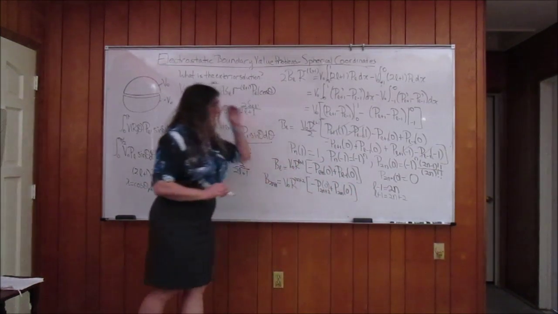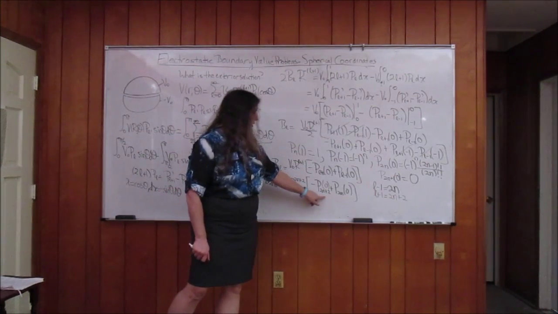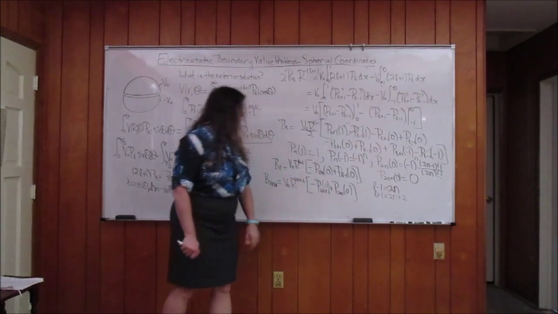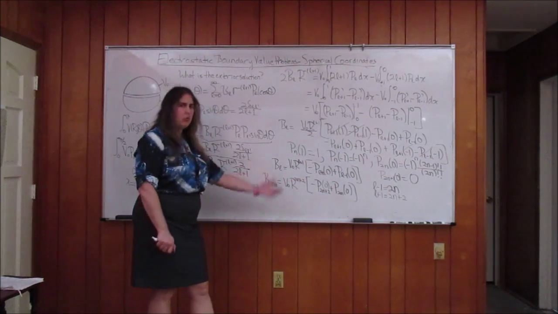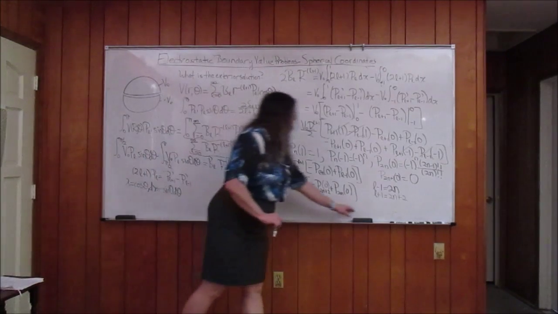And on the right-hand side, I will be left with minus P of order 2n plus 2, evaluated at 0, plus P of order 2n, evaluated at 0 as well.